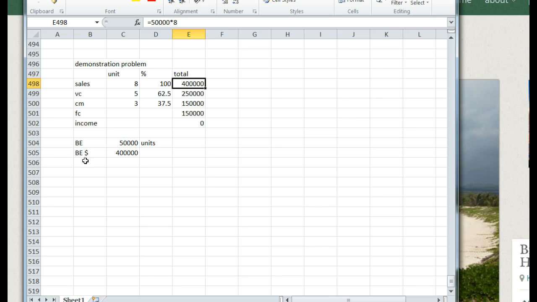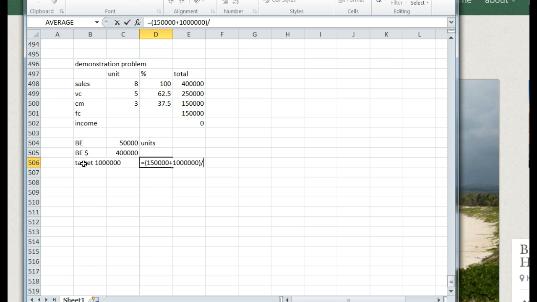What else do they have? Let's switch it around a little bit. Let's say we want to make, let's go for $1 million. We want to make $1 million. A likely figure, right? So if we take a look at our formula, that's going to be fixed cost plus target income divided by contribution margin per unit.